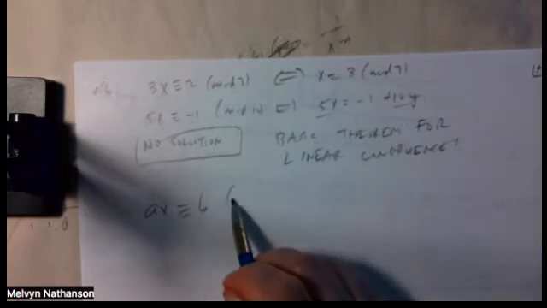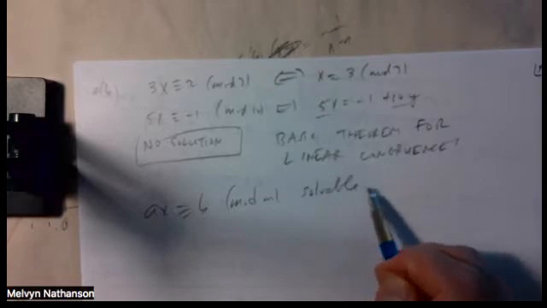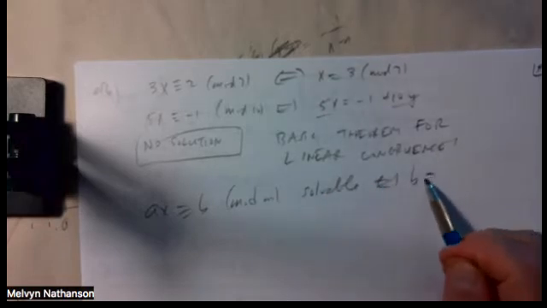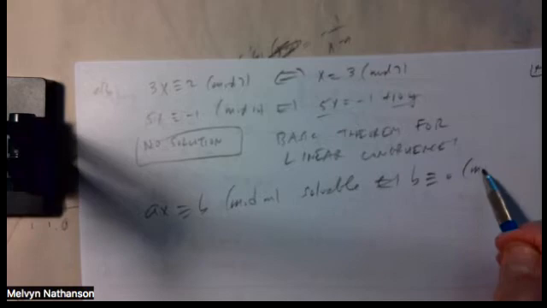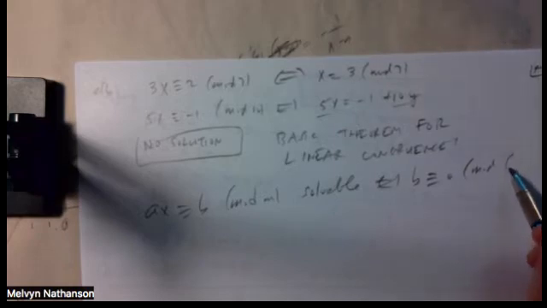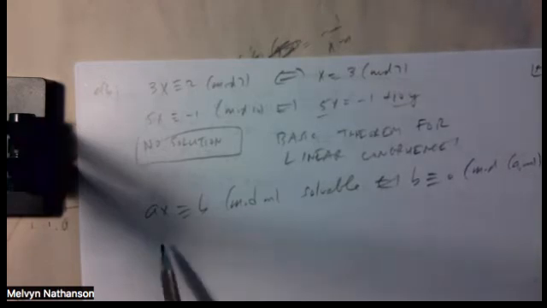It says that AX congruent to B mod M has a solution if and only if B is congruent to 0 modulo the greatest common divisor of A and M. So in this case, 5x congruent to minus 1 mod 10, A is equal to 5, M is equal to 10.